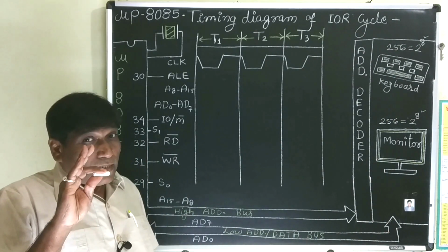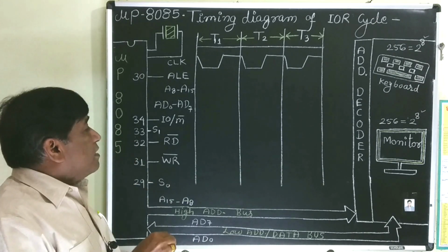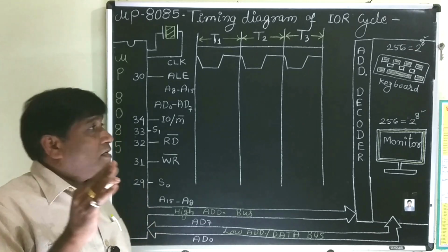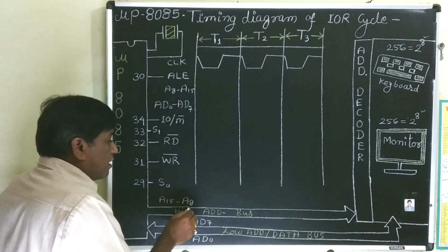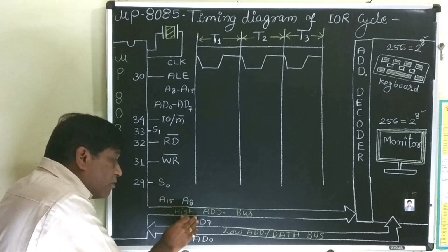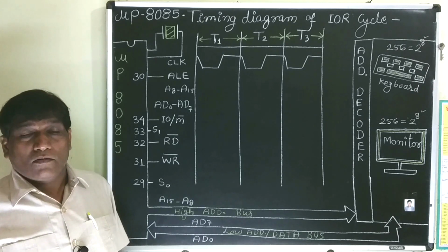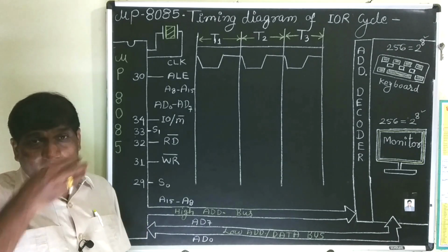Now the timing diagram will have some difference as far as the higher order buses are concerned: what should be loaded on the higher order buses and what should be loaded on the lower order address and data buses. So today we will understand the timing diagram.